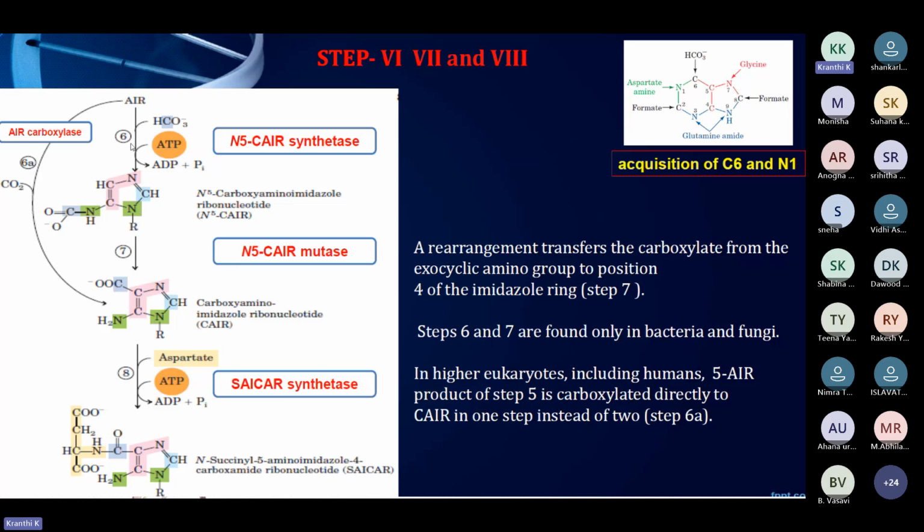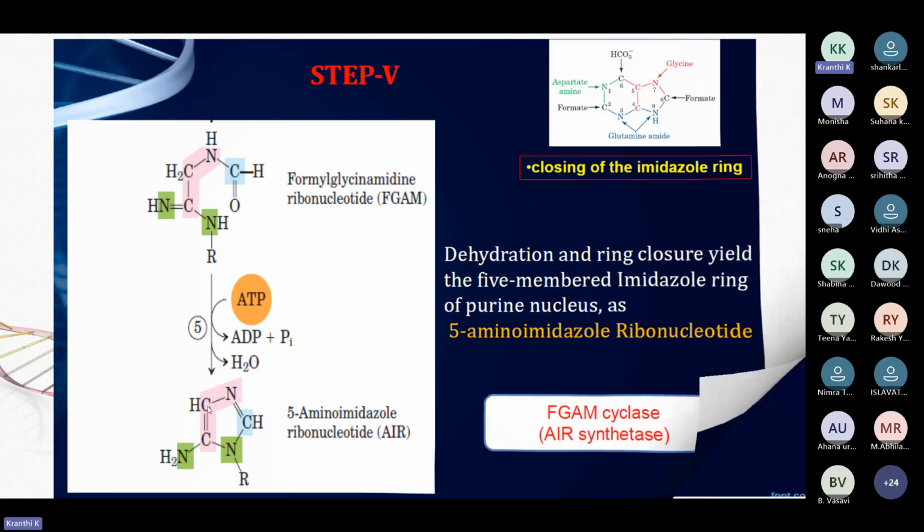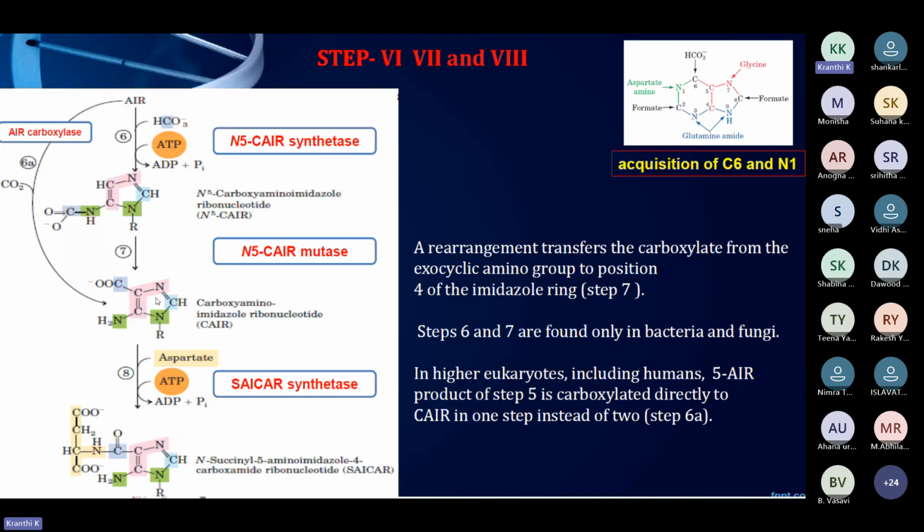Instead of 6 and 6A, it goes to the 7. So what is happening here? Simple. Carboxyaminoimidazole ribonucleotide. So this is the structure formed. It got converted to this type of structure.